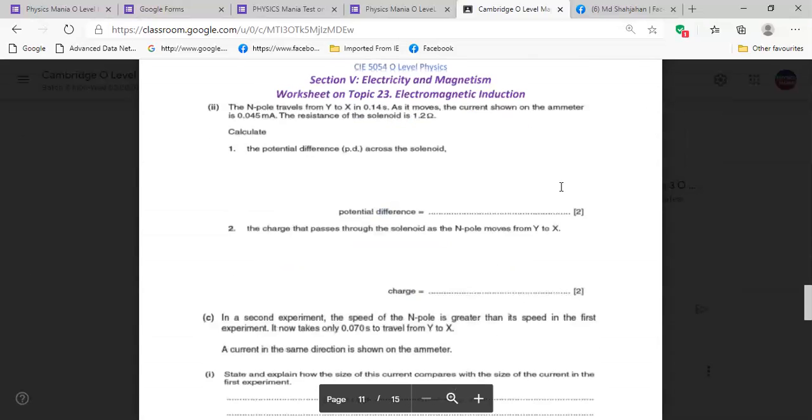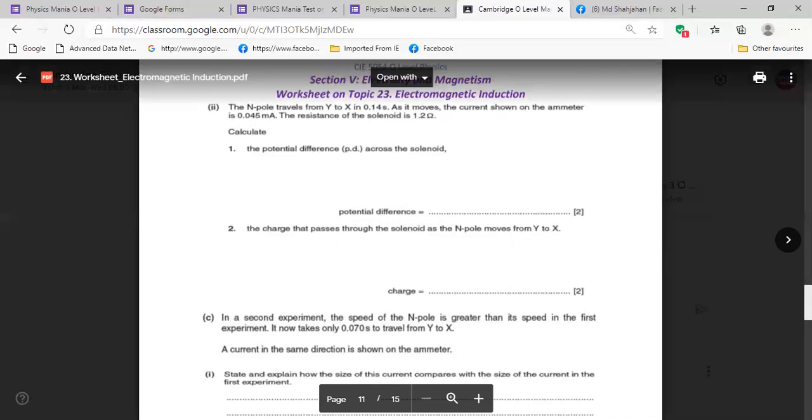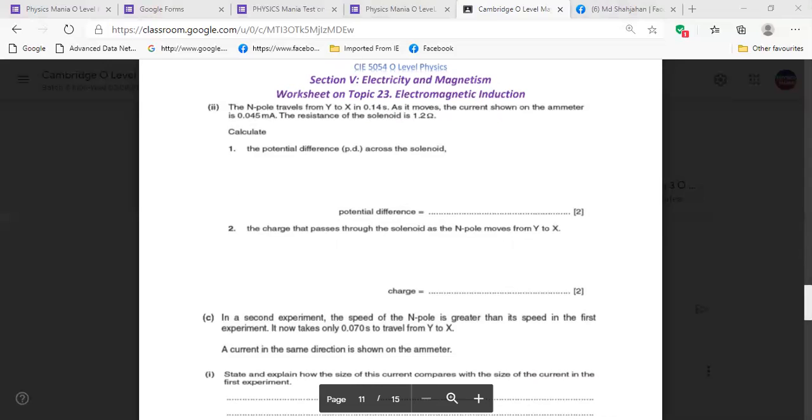Then next, what is the potential difference across the solenoid? 5.4 into 10 to the power minus 5 volts. How much is it? 0.054 volts.